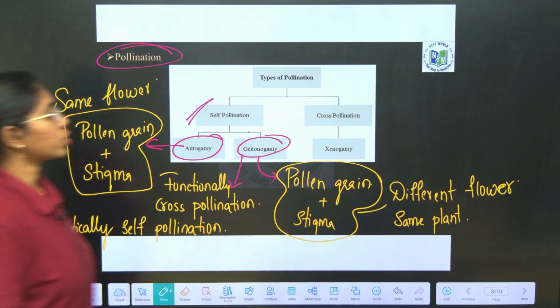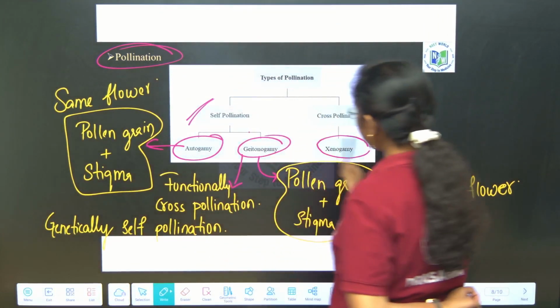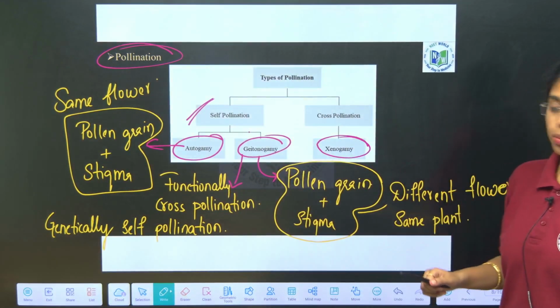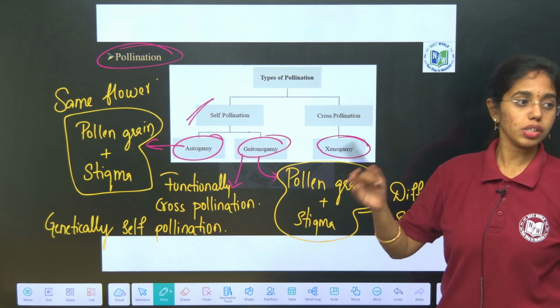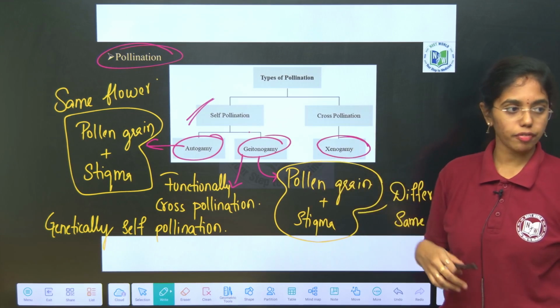Next, cross pollination is also addressed as xenogamy. Xenogamy means pollen grain germinates on the stigma of a different plant and different flower.